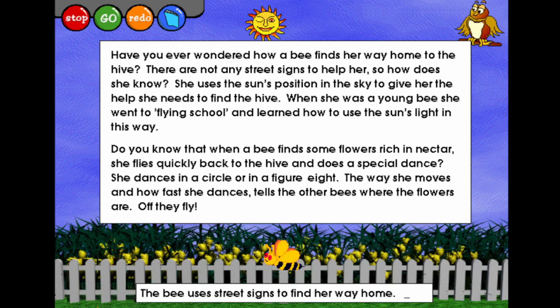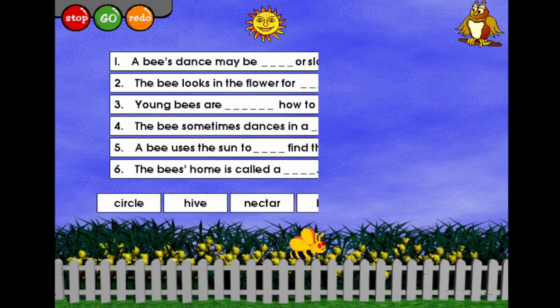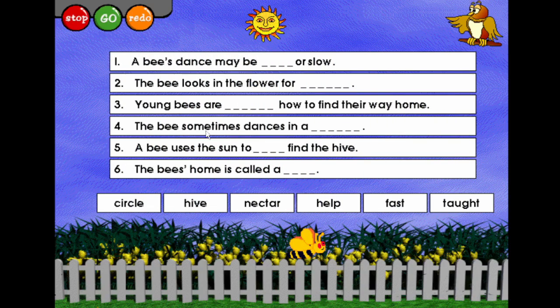Click on the sentence and drag and place the word which completes each sentence. 1.